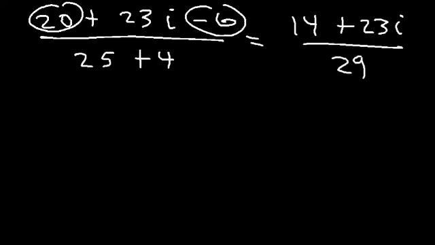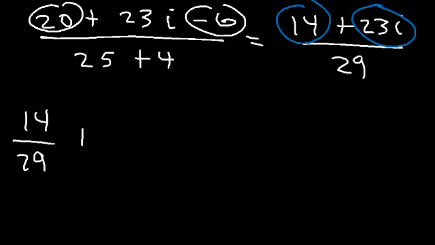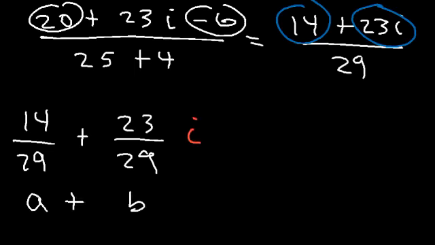Now we need to put this in standard form, so let's separate this fraction into two smaller fractions. Let's divide both numbers by 29. So this is 14 over 29 plus 23 over 29 times i. So it's now in a plus bi form, or standard form.